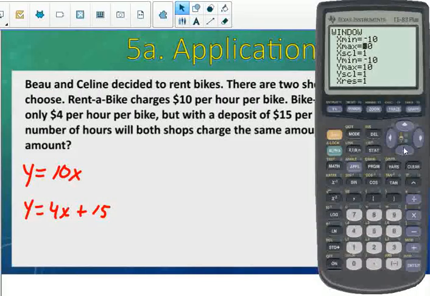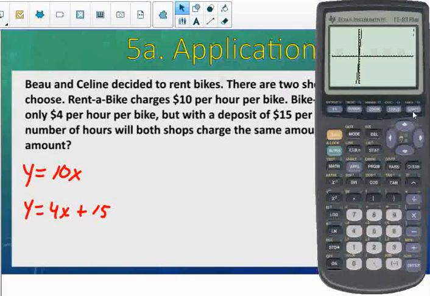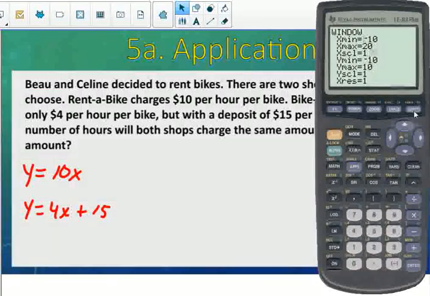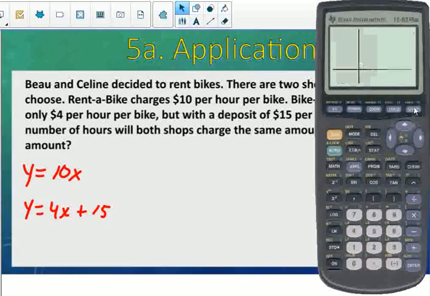Let's make this 20. And then let's try graphing it now. Actually, let me go back down. Keep the x the same. It's the y. I'm going to make this 30. The y axis, the max is 30. Then graph it.